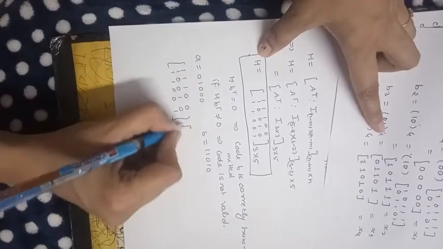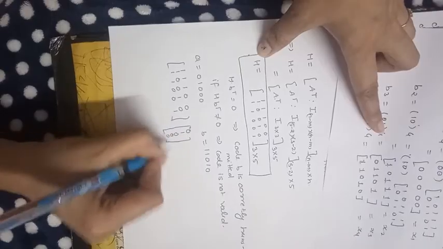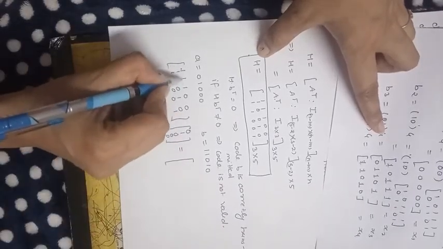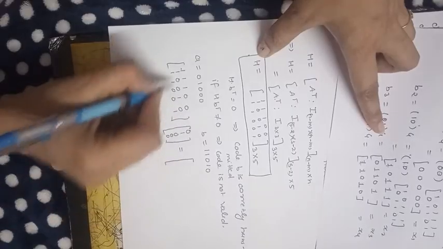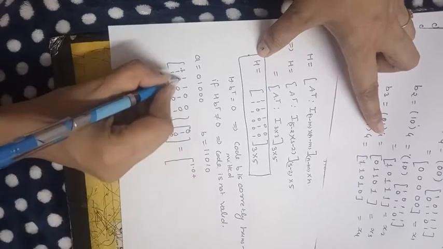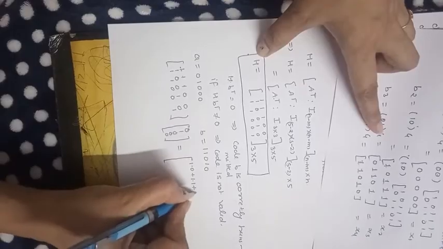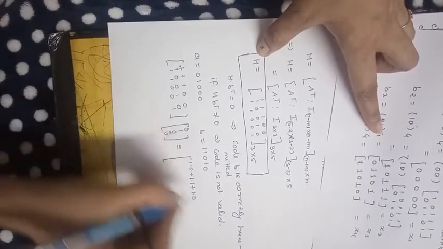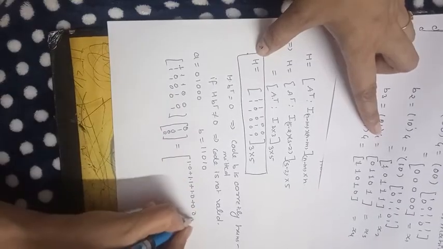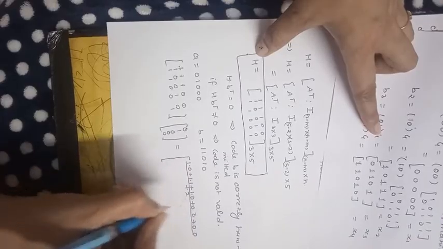Write this code in column format, 0 1 0 0 0, and multiply by this matrix. What will we get? Now the first row multiplied by this first column: 1 into 0, 1 into 1, plus 1 into 0 plus 0 into 0 and last 0 into 0, and take addition modulo 2.